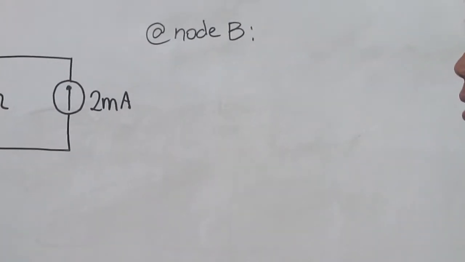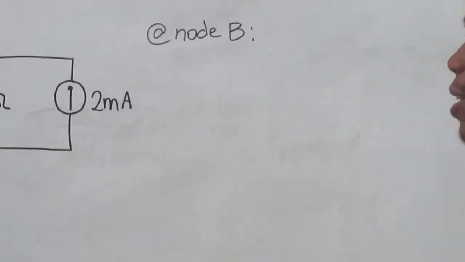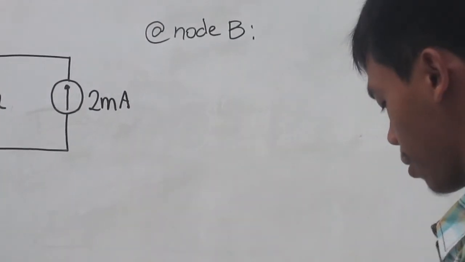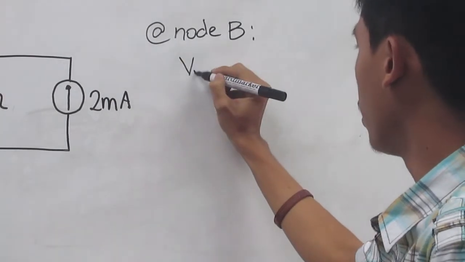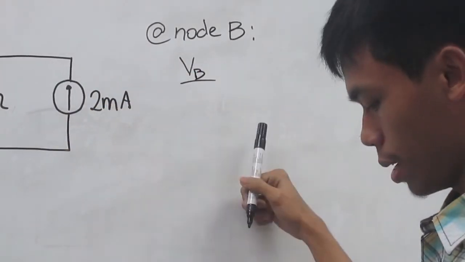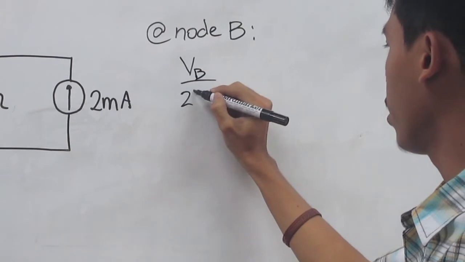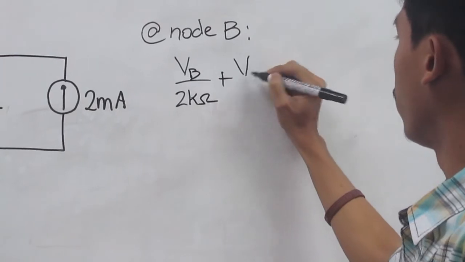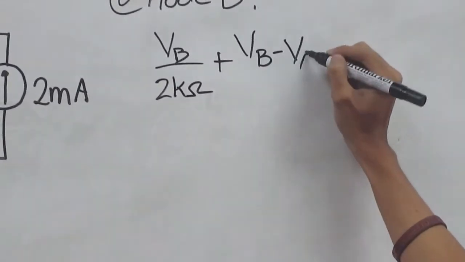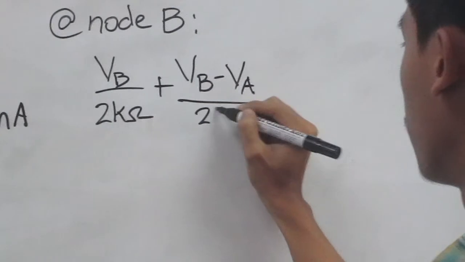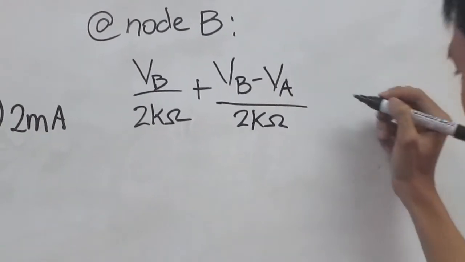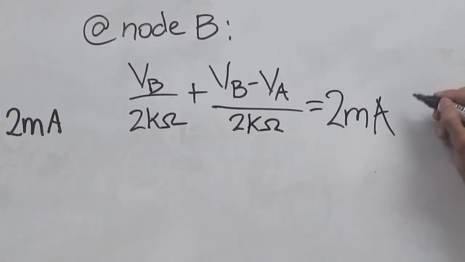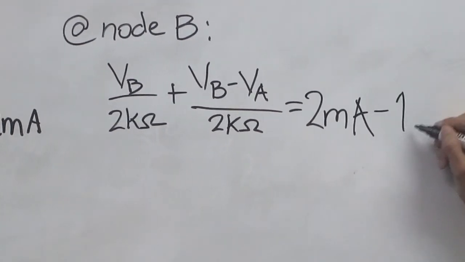By again analyzing what currents go in and out through the node, we get VB, the voltage at node B, divided by 2 kilo ohms plus VB minus VA over 2 kilo ohms, and is equal to 2 milliamperes minus 1 milliampere.